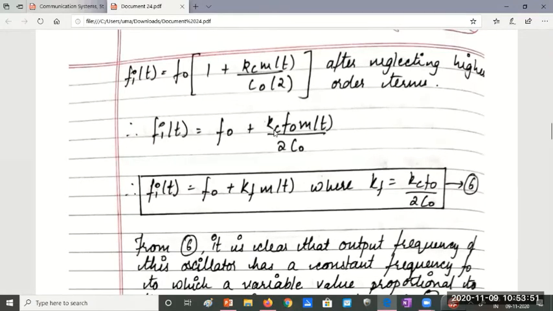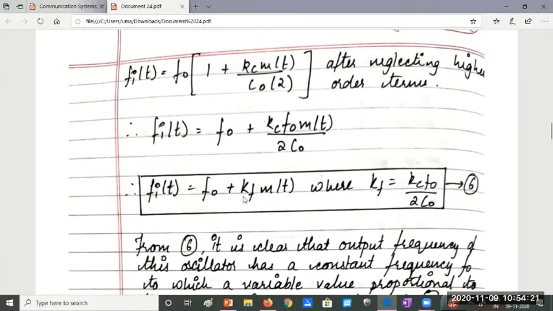Kc is in farad per volt. Frequency here is in hertz. Here capacitor is in farad. So if you combine all this, we'll get the unit of hertz per volt, because farad cancels, you have hertz per volt, which is nothing but I can call it as the frequency sensitivity of the modulator KF.